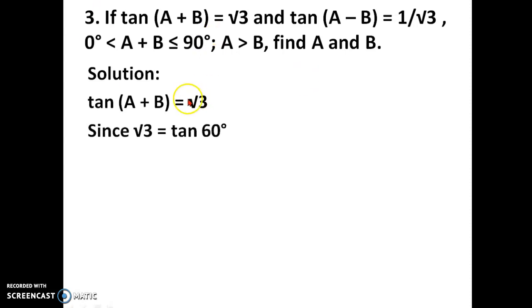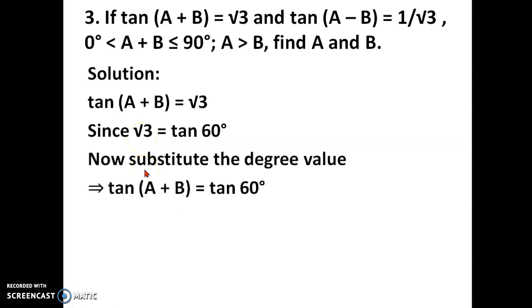Tan 60 will give you root 3, so let's take A plus B equal to 60. That is the first equation.